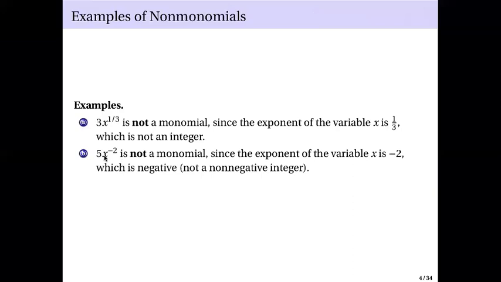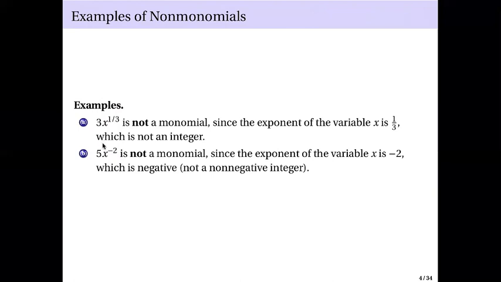Here you have 5x raised to negative 2. This is also not a monomial because of the exponent negative 2. Negative 2 is an integer. However, we require positive integers or 0. So we require the exponent of the variable x to be greater than or equal to 0, or if you have other variables, of course.